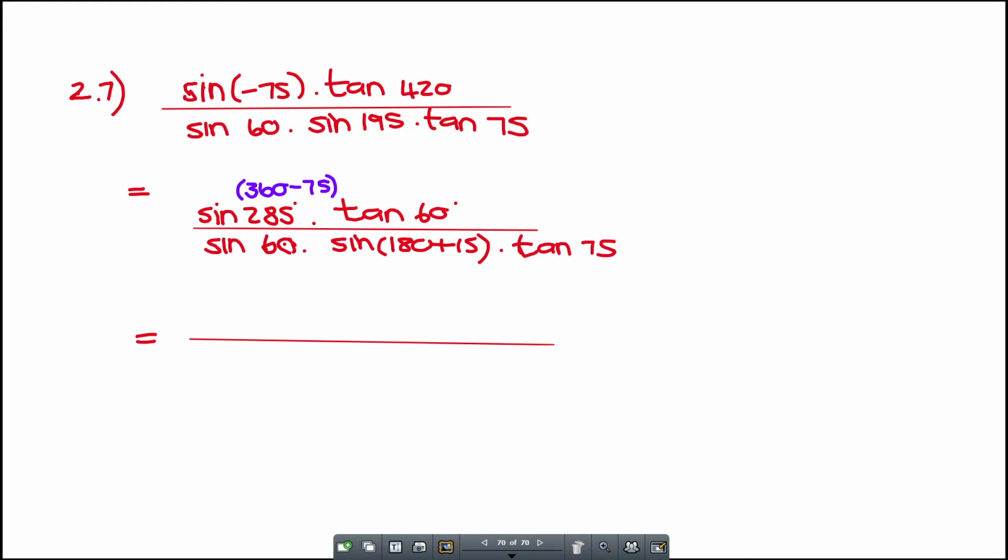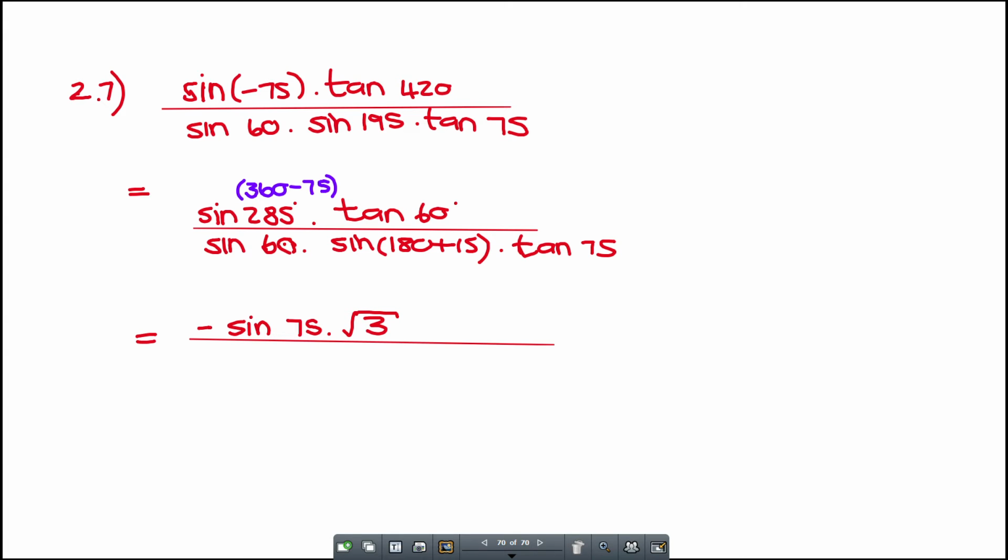And what is sine in the fourth quadrant? Negative. So that will become minus sine 75. Nee. Okay, the tan 60, I can actually use my special angles. Nee? Onthou julle spesiale driehoekies. Hoeveel gaan tan 60 vir my gee? Square root 3. Over 1, maar dis dieselfde as net square root 3.